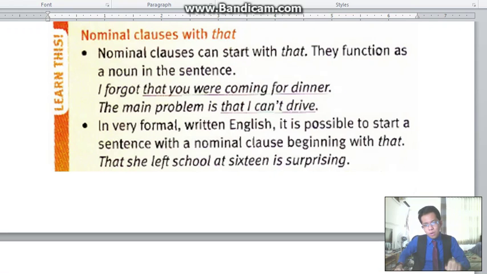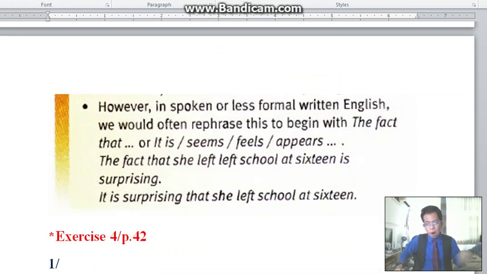So that is formal written English. We don't need to be formal right now, because you can see how complicated it is: that she left school at 16 is surprising. However, in spoken or less formal written English, we would often rephrase this to begin with the fact that, or it is, or it seems, or it feels, or it appears.